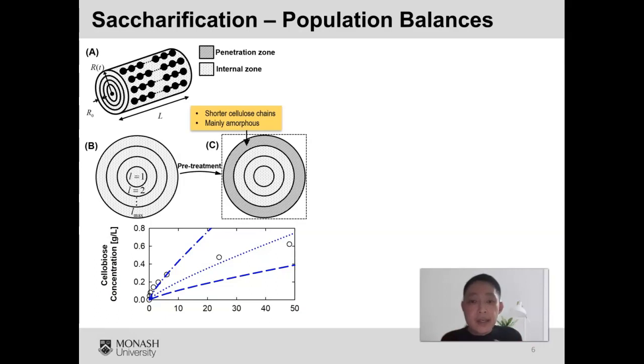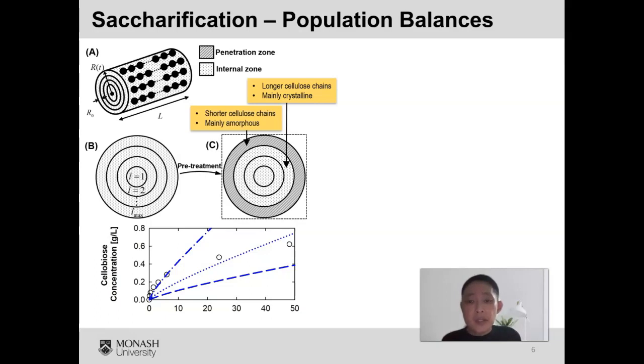Such that the shorter cellulose chains, mainly the amorphous region, lie on the outside of the cellulose particle, whereas the longer cellulose chains, which are mainly crystalline, are deposited in the inner side of the particle. We call the outer layer the penetration zone, and the inner layer the internal zone.